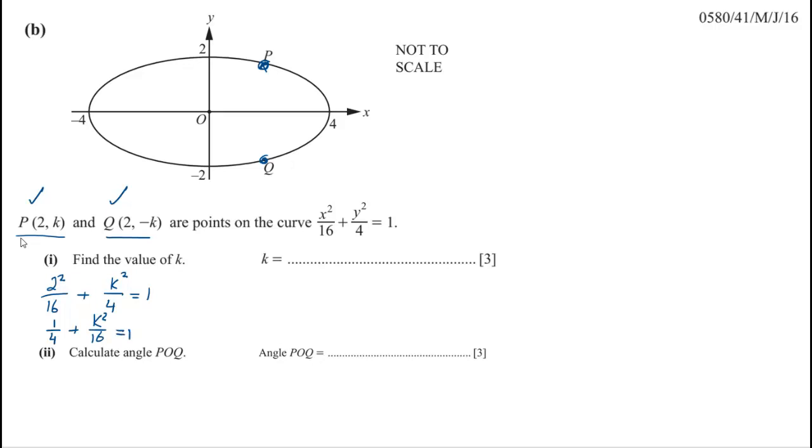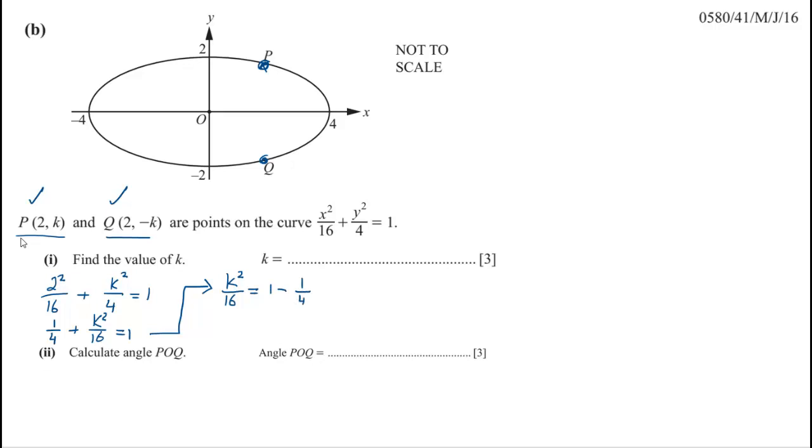So let me take LCM. You can bring this 1 over 4 to the other side and then do the simplification. So let me bring this 1 over 4 to the other side. So k squared over 16 is equal to 1 minus 1 over 4.